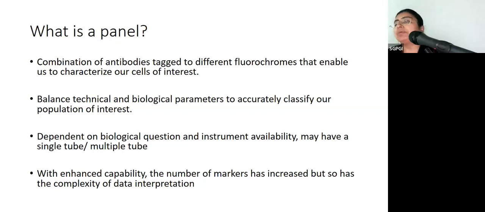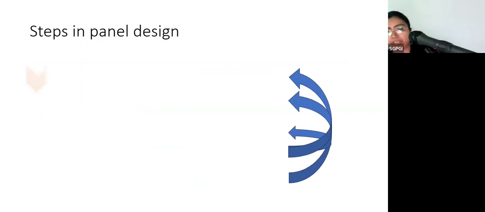With enhanced capability, you have an ability to take more markers, but the complexity of data, resolution and data interpretation becomes more difficult. So our idea is that we should be able to maximize the capacity of the equipment, yet not run into errors due to data interpretation.